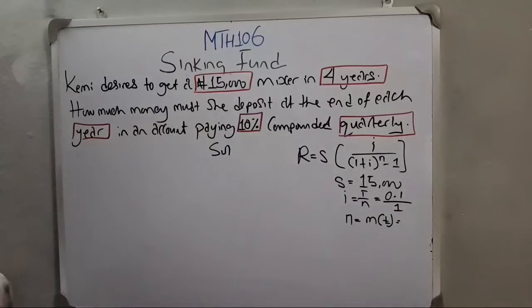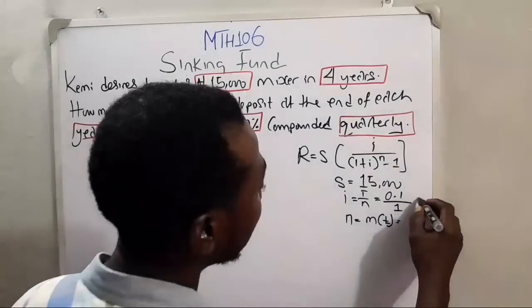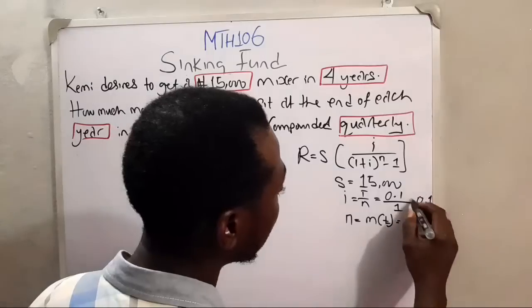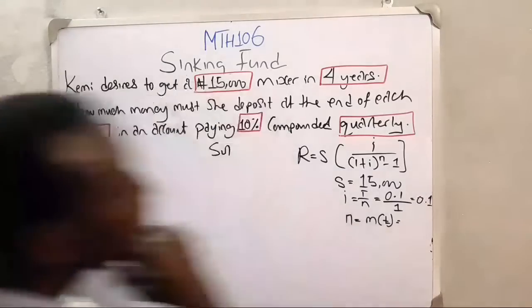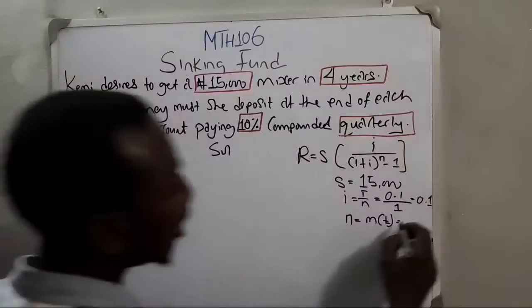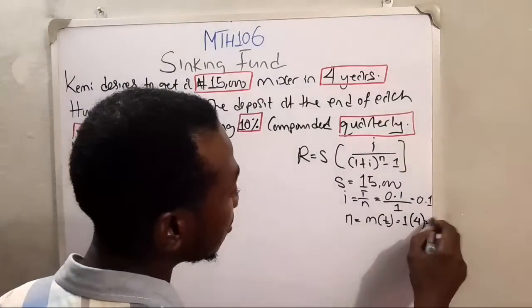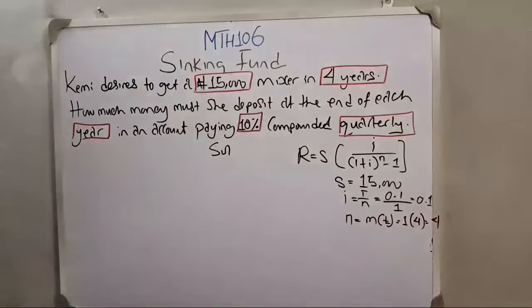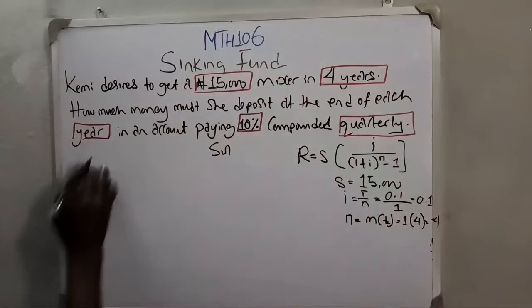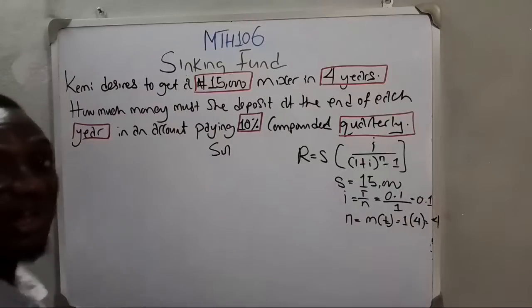So we have 0.1 divided by 1. 1 divided by 1 should give us 0.1. So we have this as 0.1. For this, we have our M as 1 into bracket 4, which is still 4. Okay, so now we have, Miss Blessing, do you understand this?